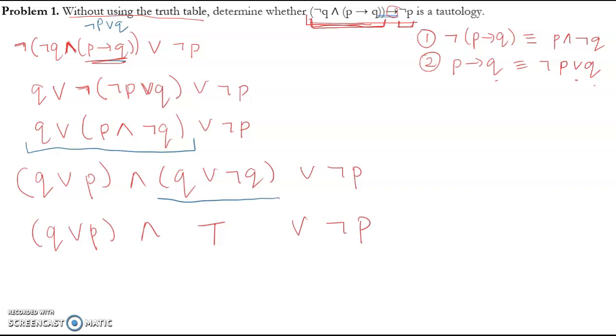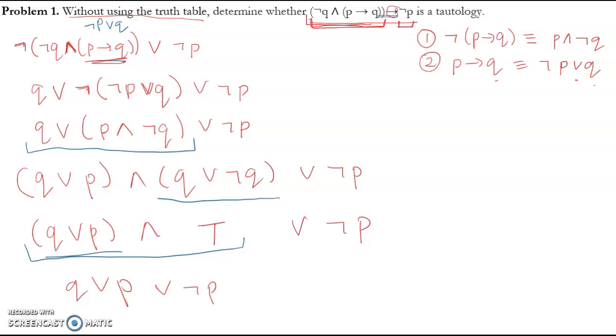The next part: if you have something and a tautology in an and statement, and again, go back and check all these rules in your textbook, it should be under section 1.3, then it just becomes the first part. So it is Q or P, and I'm going to copy down the rest, P.